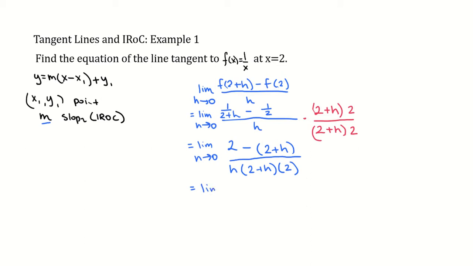This is the limit as h goes to 0. If we subtract both of these terms here, we're going to get 2 minus 2 and negative h, over h times 2 plus h times 2.